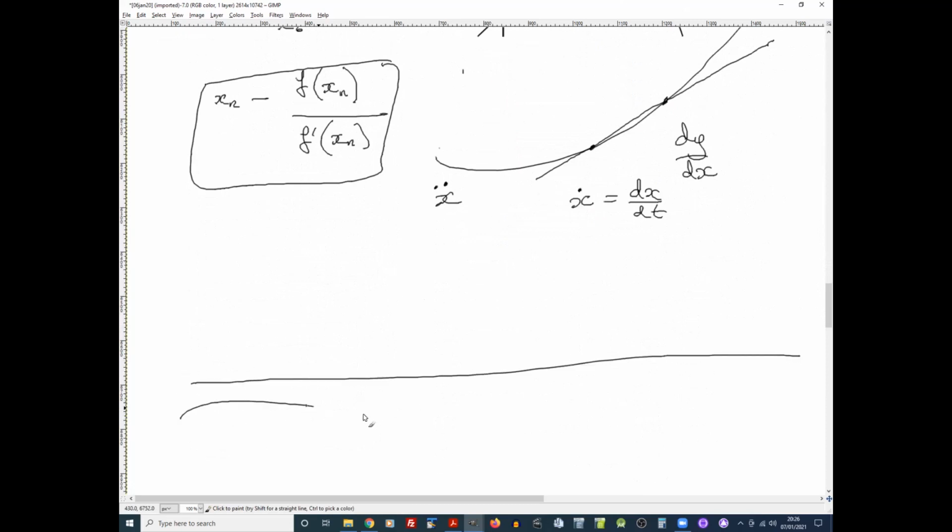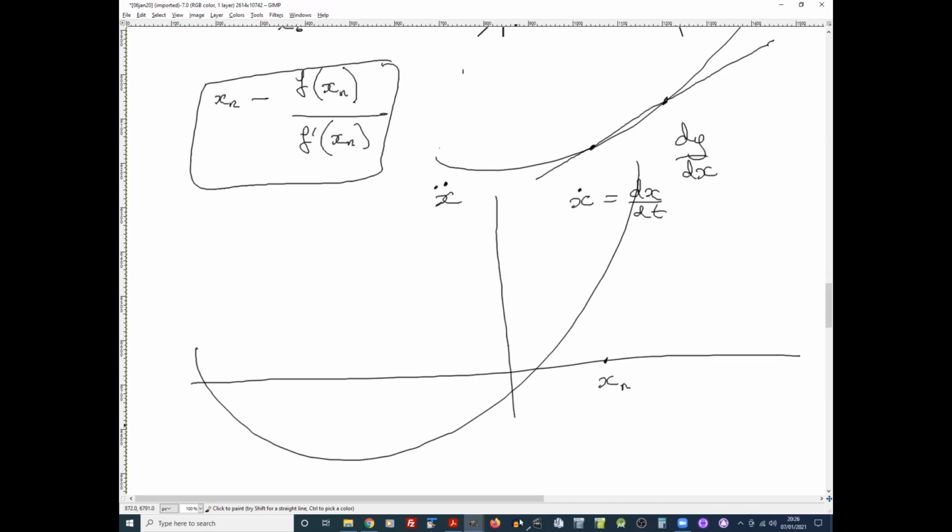Let's say here's your formula f, and let's say this is your xn. Then this is your f of xn, the value you get from doing the function arithmetic to that input of xn.